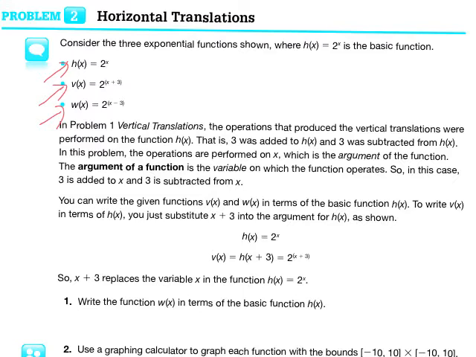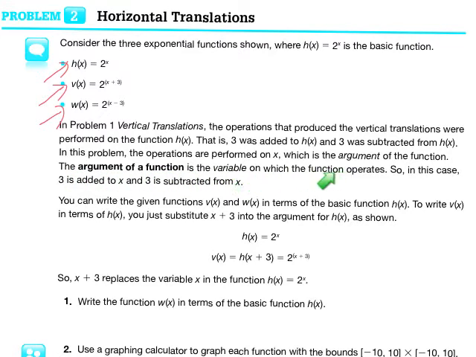Looking back at the book, if you want to read this part right here: the vertical translations were up and down on the y, but the horizontal translation is called the argument of the function. That's the x.